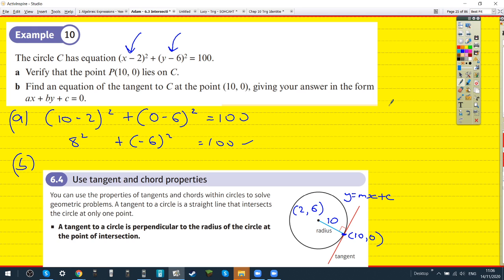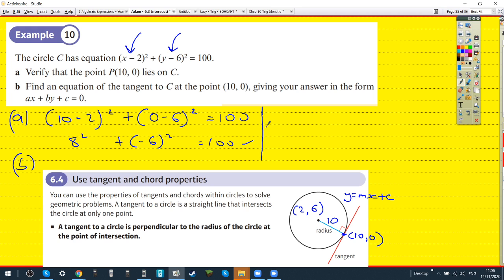What we can do is get the gradient of the radius. Would you substitute into y equals mx plus c? Let me see. What would you get?